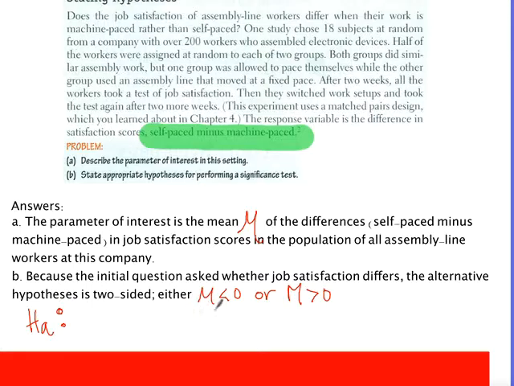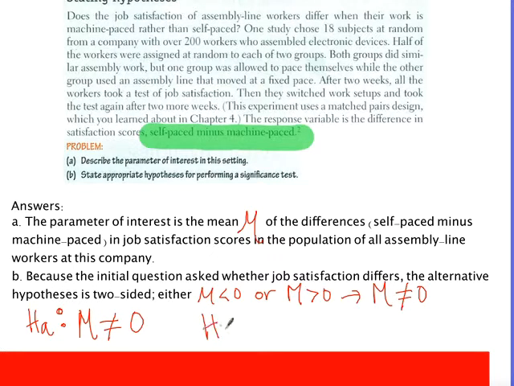So either the difference was less than 0 or the difference was greater than 0. And a lot of times whenever you see a situation like this where you have a less than 0 and a greater than 0, that would mean that your mean was not equal to 0. So either it's below it or it's above it, but it's not equal to it. So that would mean that our alternative hypothesis is that our mean was not equal to 0.